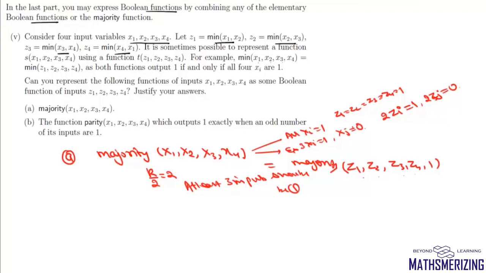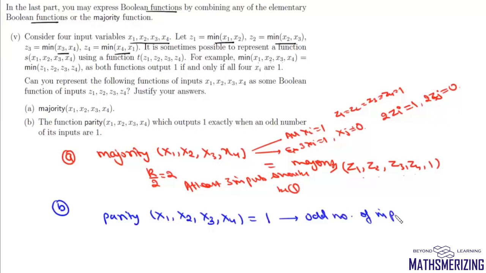Now in part B, we have the parity function of x1, x2, x3 and x4, and it outputs 1 when an odd number of inputs are 1.